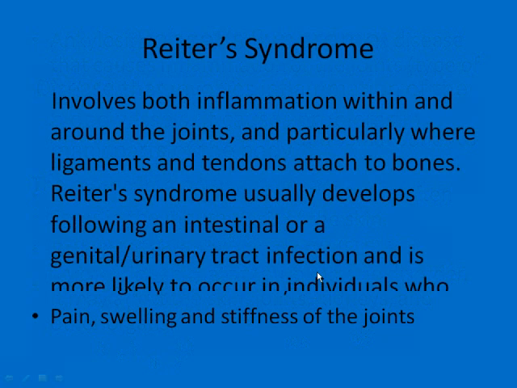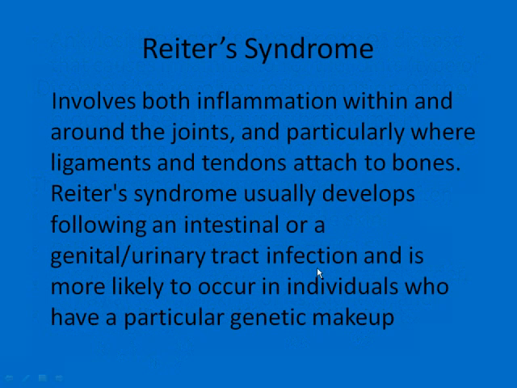When we talk about Reiter's syndrome, it involves both inflammation within and around the joints, and particularly where ligaments and tendons attach to the bone. Reiter's syndrome usually develops following an intestinal or genitourinary tract infection and is more likely to occur in individuals who have a particular genetic makeup.